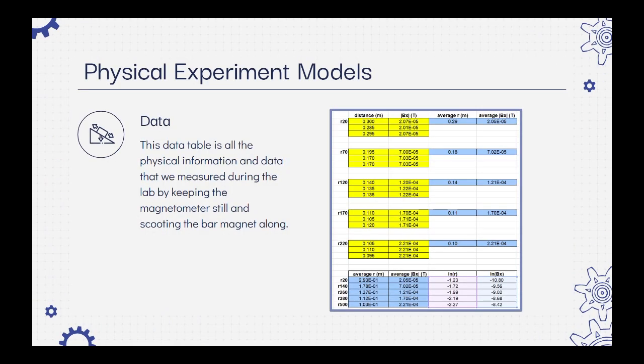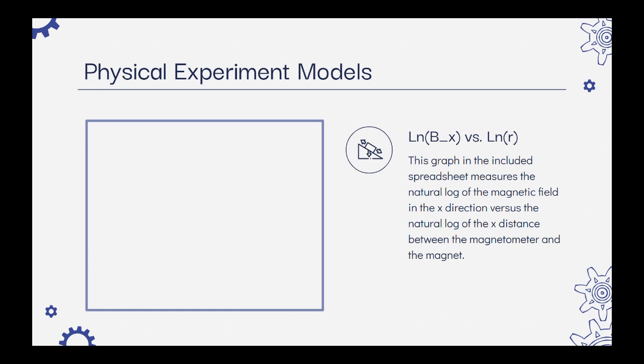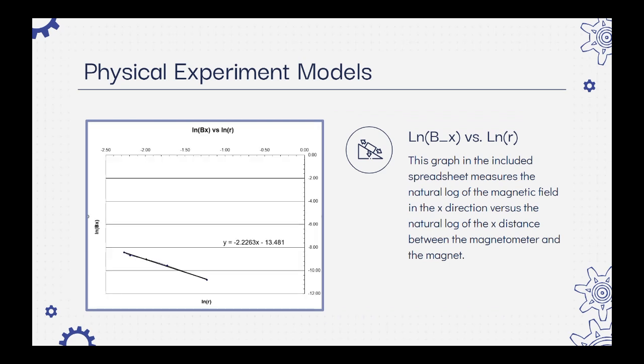So here's all of the data from our physical experiment of measuring the magnetic field strength and the distances away. Here is the natural log of B sub x, which is the magnetic field in the x direction, versus the natural log of the x distance between the magnetometer and the magnet.